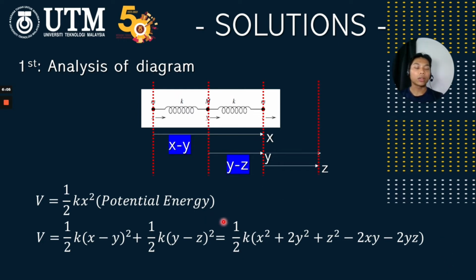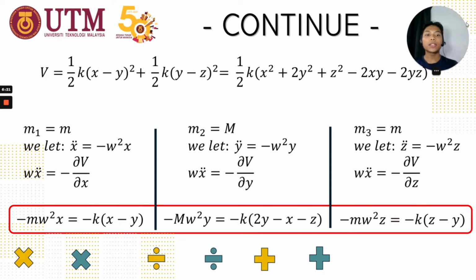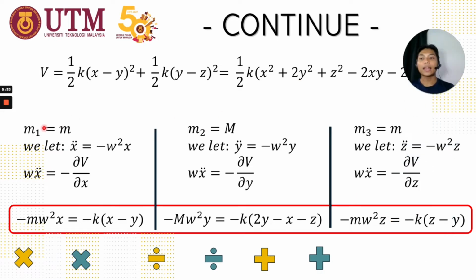Now, to continue the solution, the simplest solution I have over here is 1 over 2k x squared plus 2ly squared, and so on. For this one, we need to let m1 equal to m, m2 equal to capital M, and m3 equal to small letter m. Then we differentiate for each part of x, y and z.